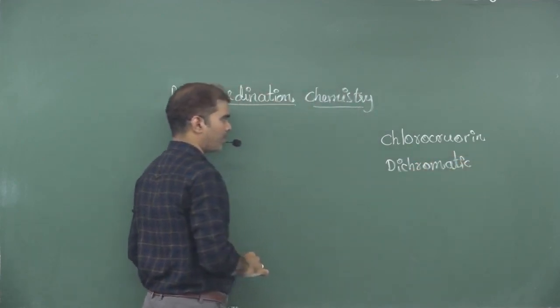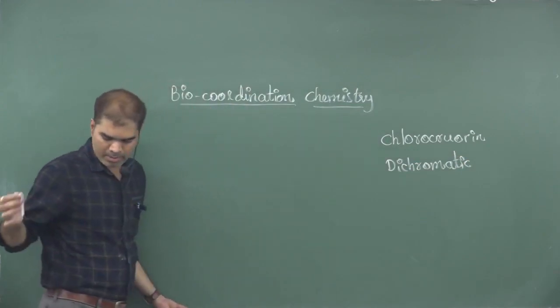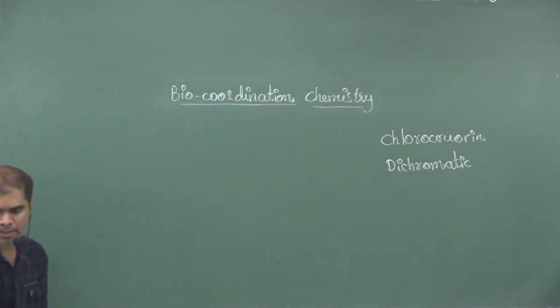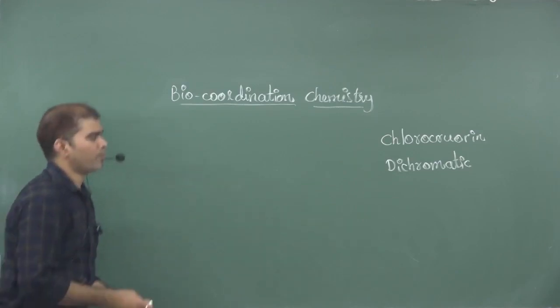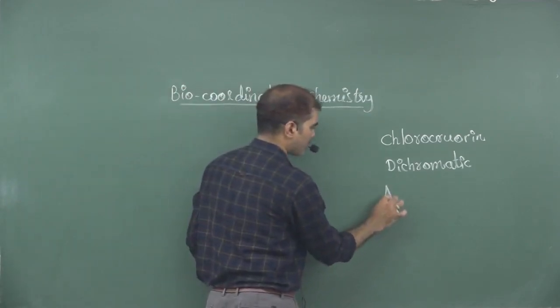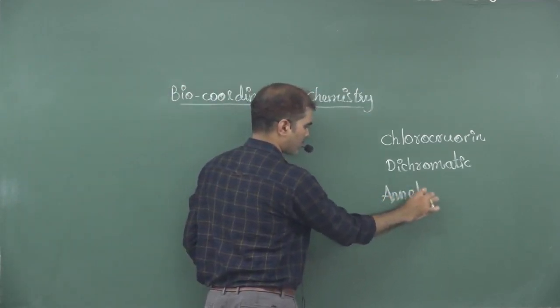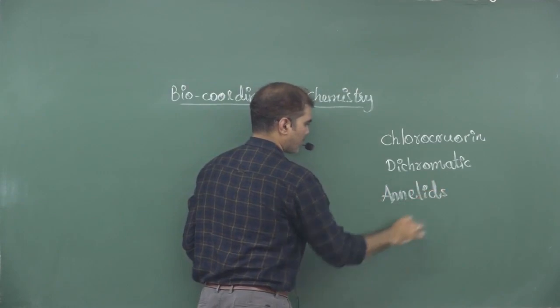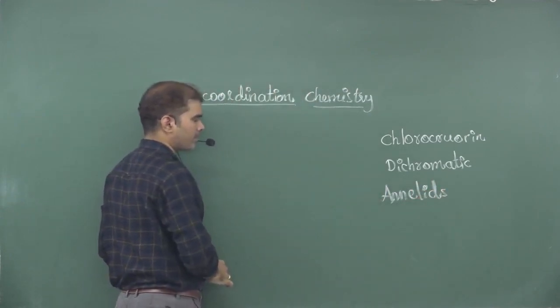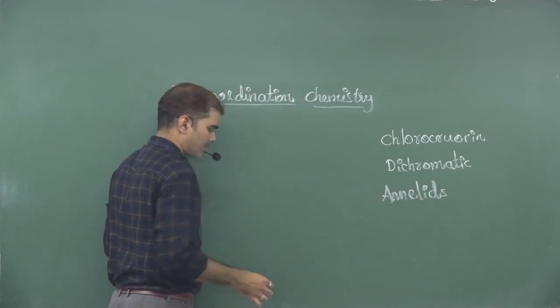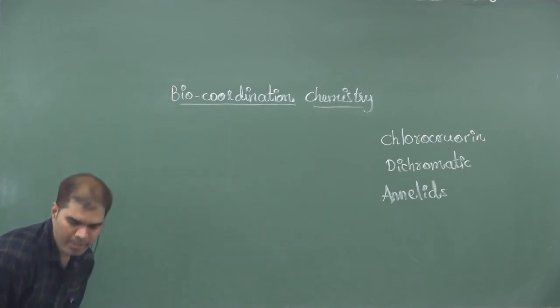It is a dichromatic compound found in annelids. It exhibits green color.